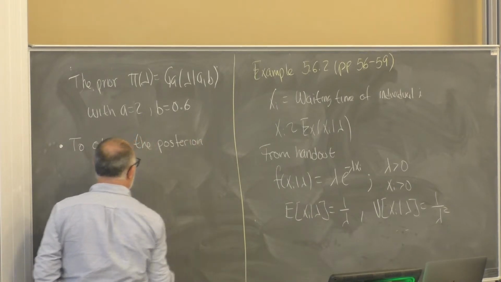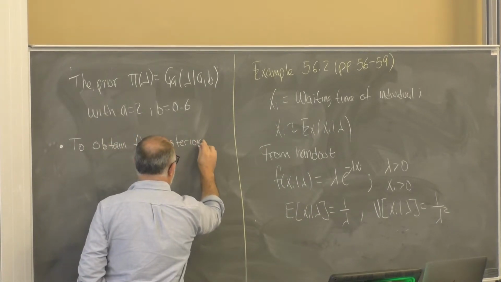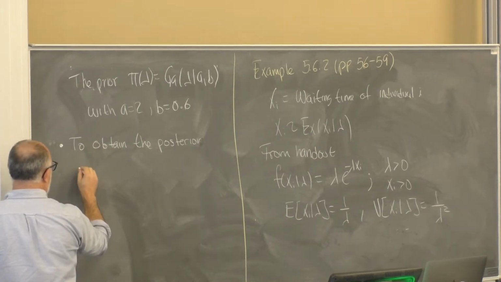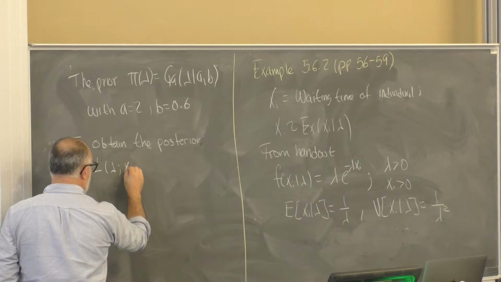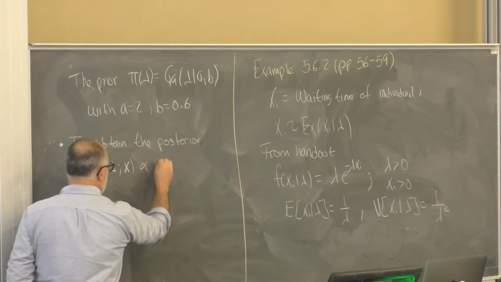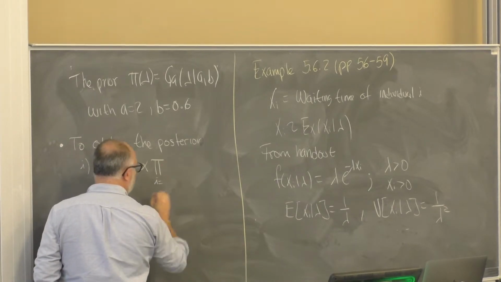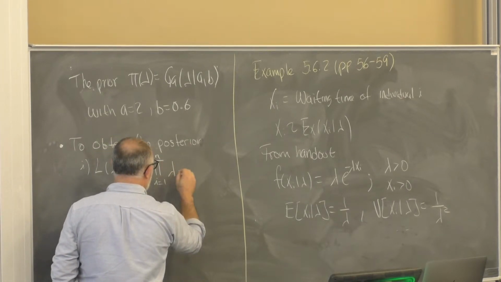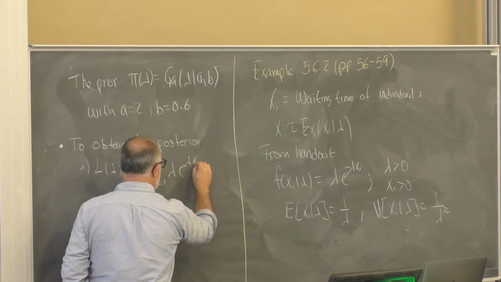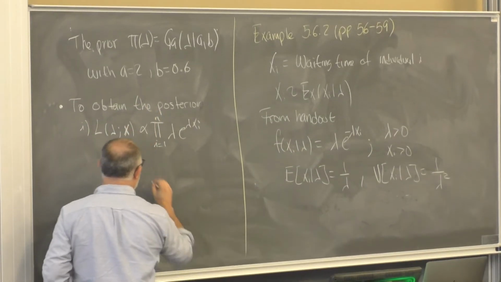So to obtain the posterior, we need first the likelihood. And given that we are assuming that this is a random sample, it's a product over all the observations of each individual density.